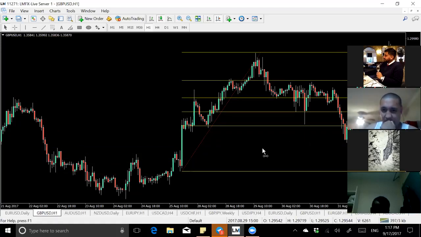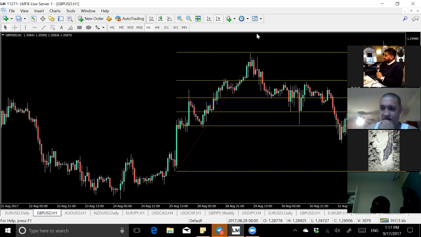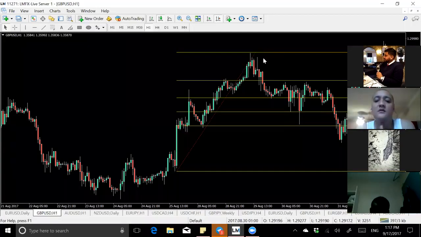Now, in MT4, when you draw Fibonacci, you'll get these numbers here. Can everybody see those, or do you want me to zoom in? Yeah, everyone can see. Okay, great. So this move is basically from 0 to 100 or 100 to 0.